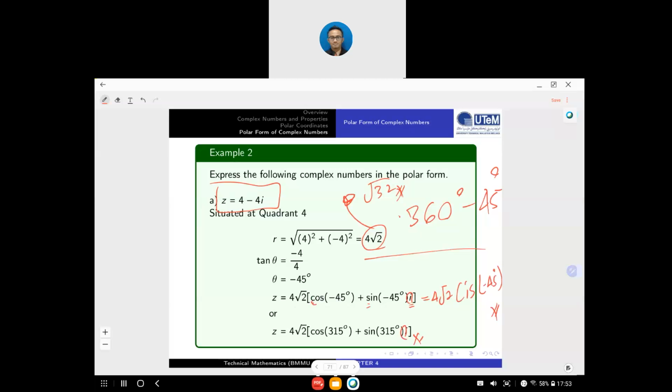And then we can solve by using this equation. We know that a equal to r cos theta, b equal to r sin theta. When we modify these equations, we can get the value of r and theta when you have a and b. Simplify this one by using the Pythagoras theorem.